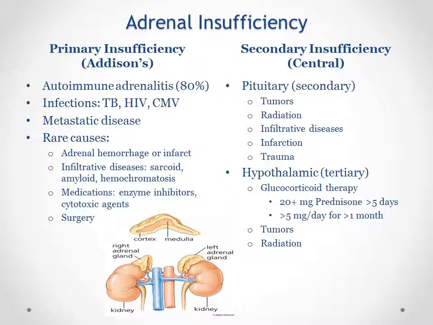And again, glucocorticoid therapy, anything prolonged, even 20 milligrams of prednisone over a 5-year period, or greater than 5 milligrams of prednisone daily for a month can cause adrenal insufficiency, as can tumors or radiation to that area.